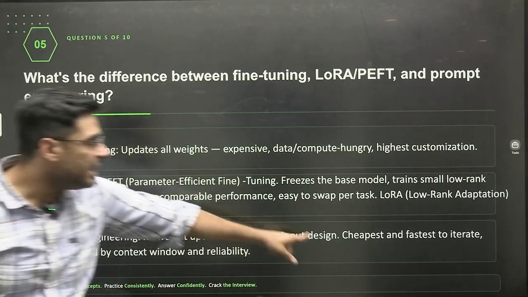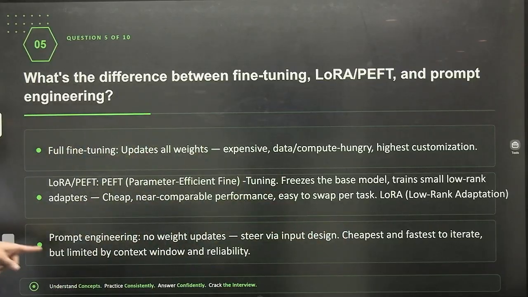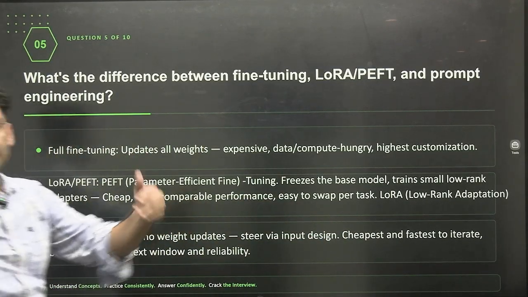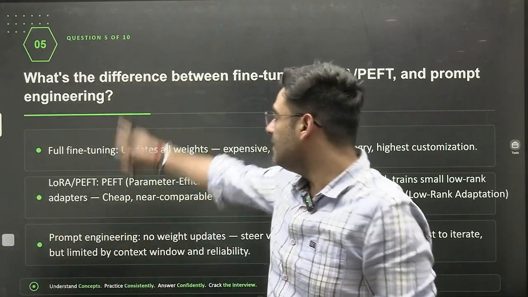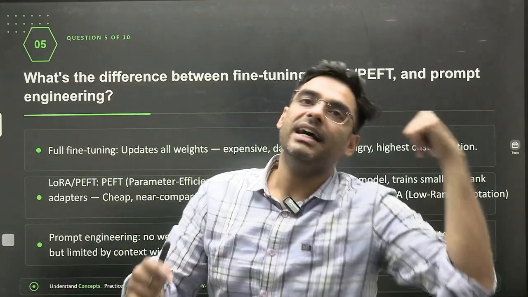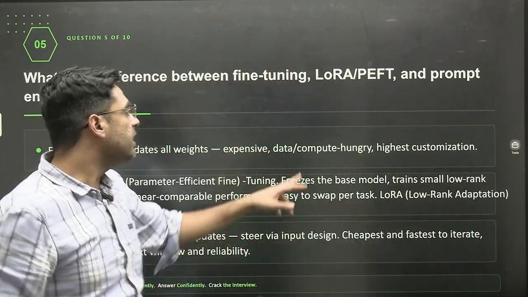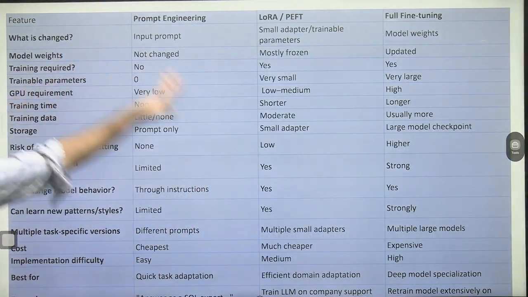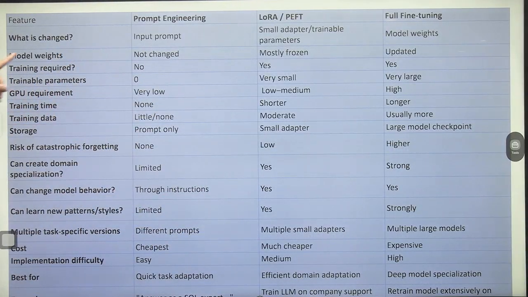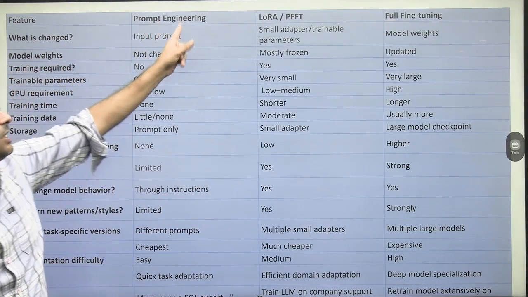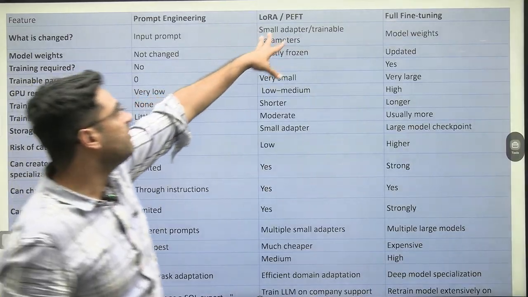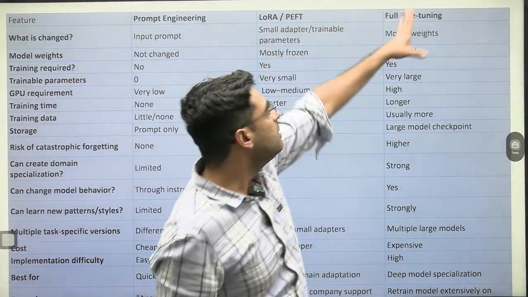It steers via input design, and is cheapest and fastest to iterate, but limited by context window and reliability. You should see a more detailed version of all these things, but this is one of the highly asked questions in these interviews. Then this is a detailed table, you can take a snapshot, comparing prompt engineering, PEFT, that is parameter efficient fine tuning, and full fine tuning.